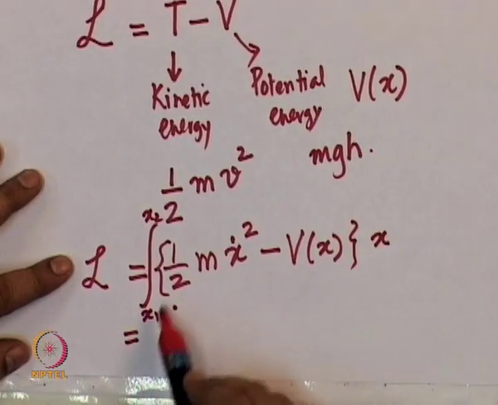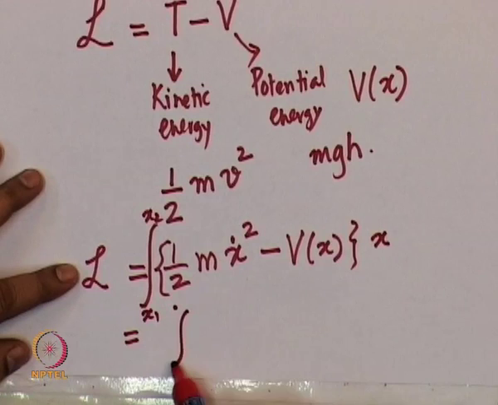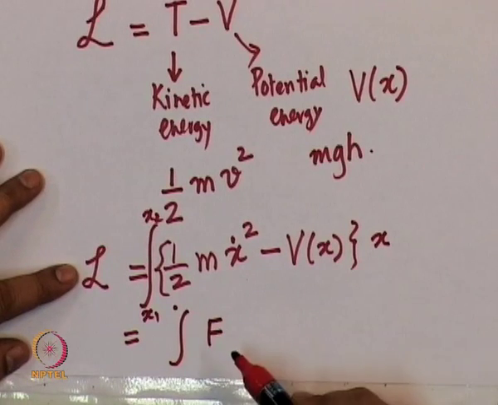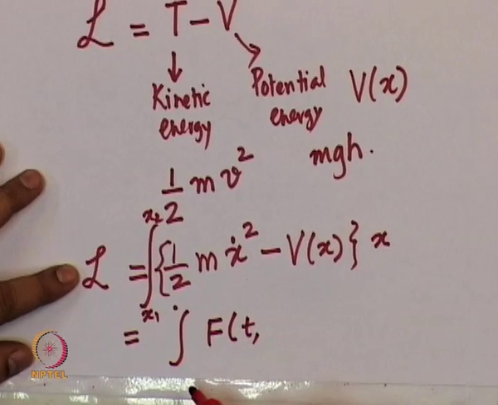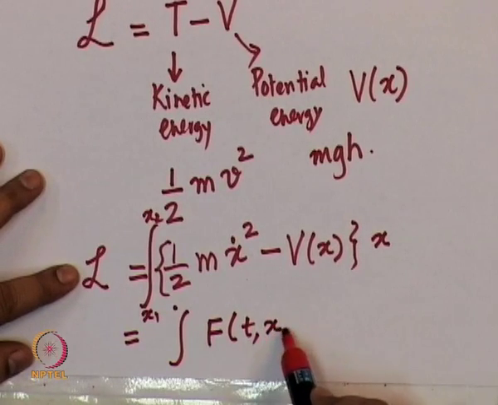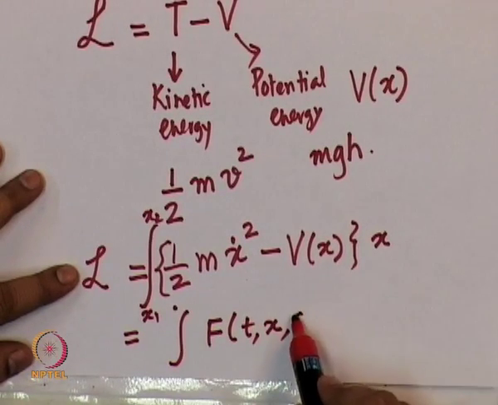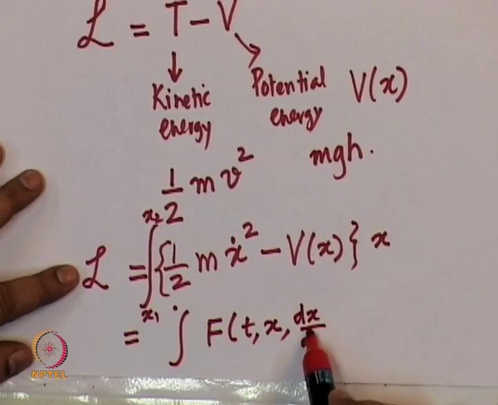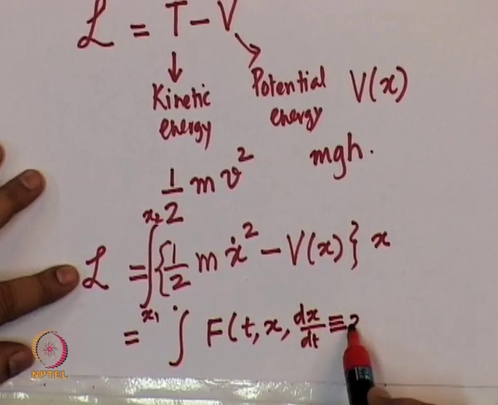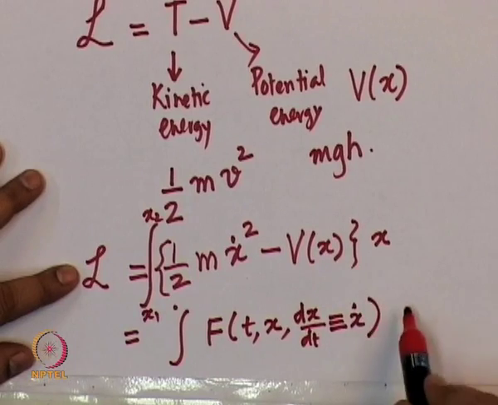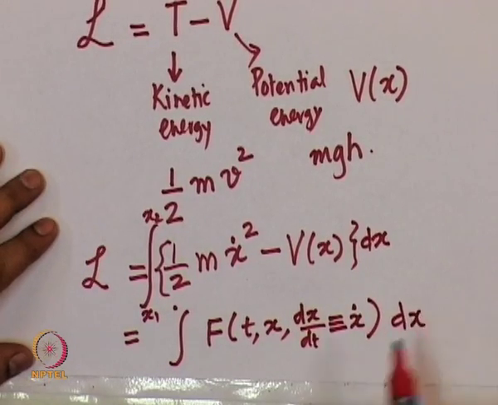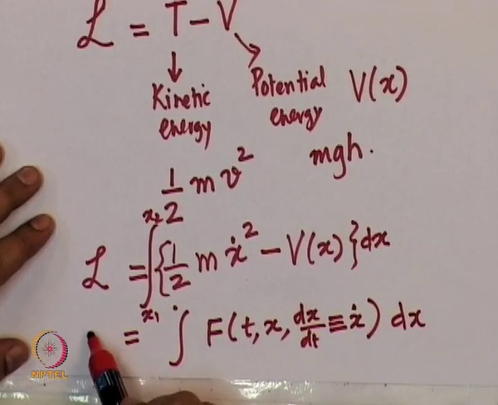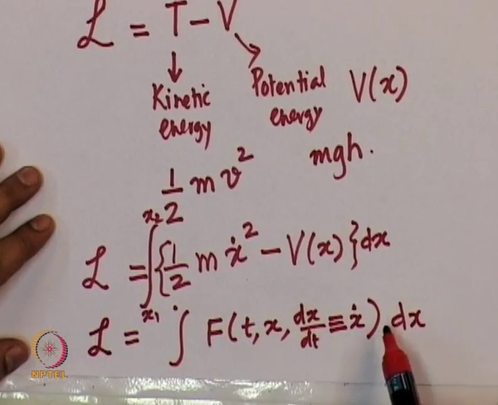So this can also be written as a functional of t, which is time, x, which is position, and dx by dt, which is denoted as x dot, and integrated over dx. This we now call a functional.